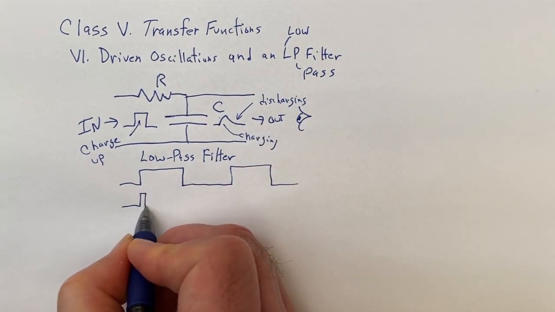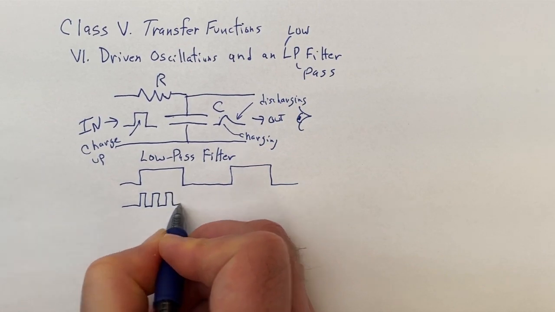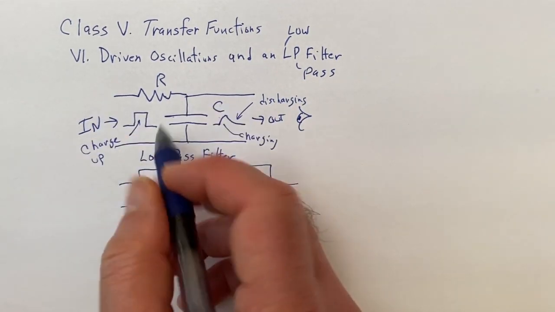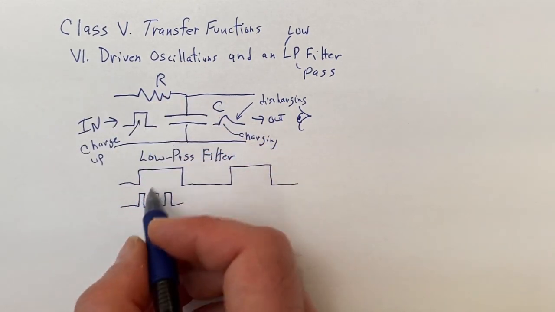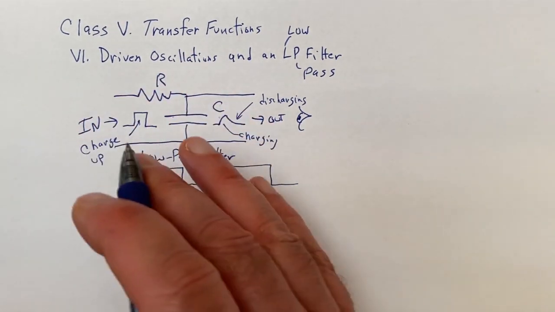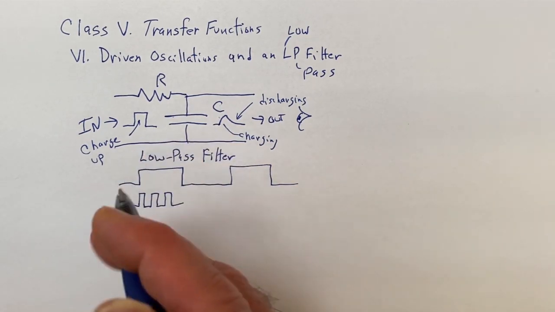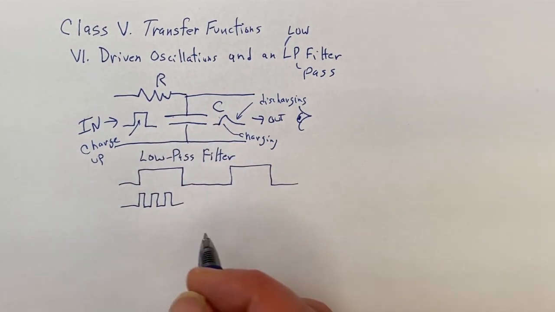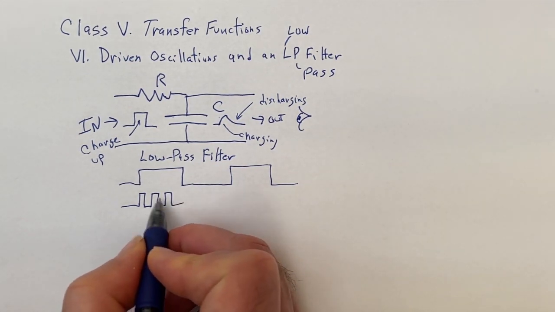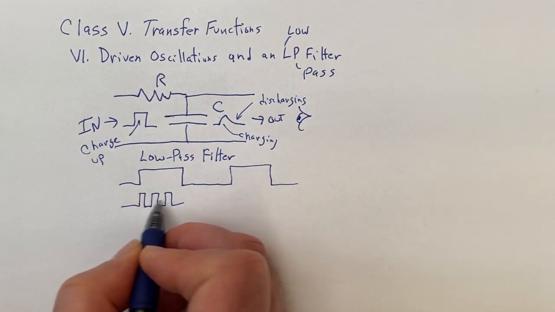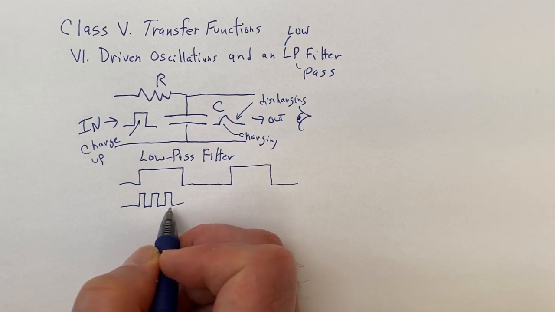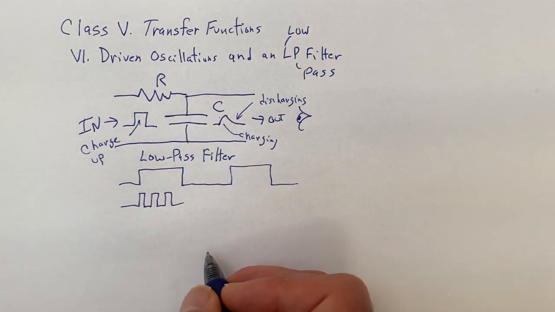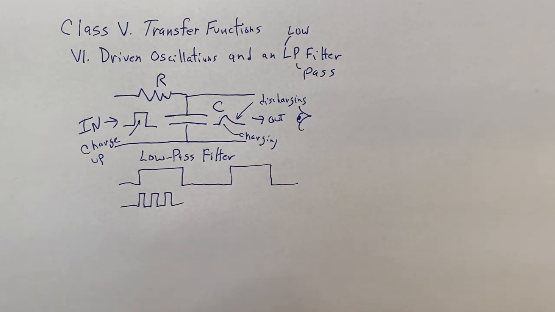But if you're going very rapidly, like this, then the capacitor won't get a chance to charge up. You send in charge, but then you're pulling it back, you're going here with an oscillation. That's not giving the capacitor a chance to charge up. So this high frequency wave will not get through. You won't be seeing that. It'll be attenuated. But we're going to show this all mathematically.